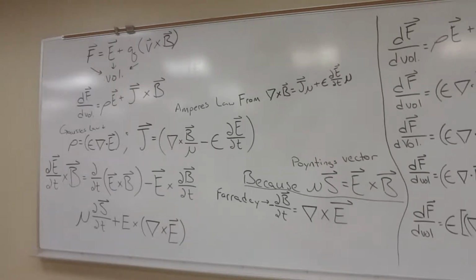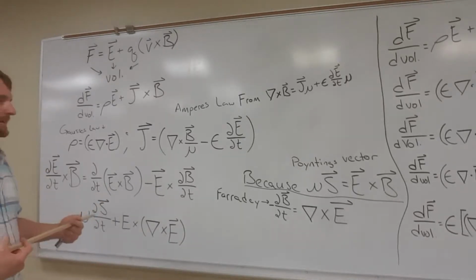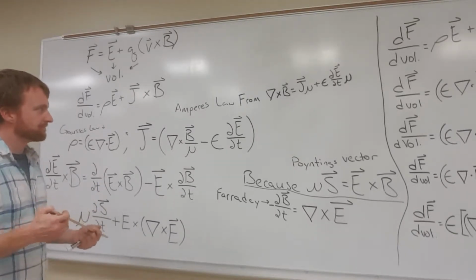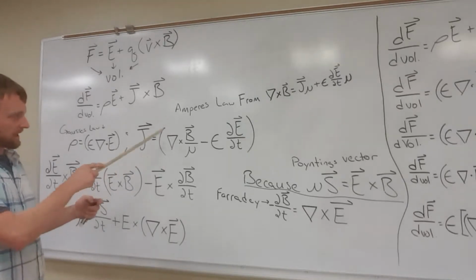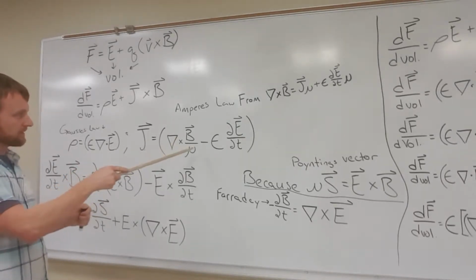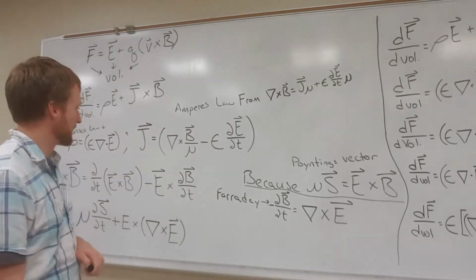So it's still a little bit difficult to work with, but it's getting easier. So by Ampere's law, J is equal to the curl of B minus the change of E with respect to time.